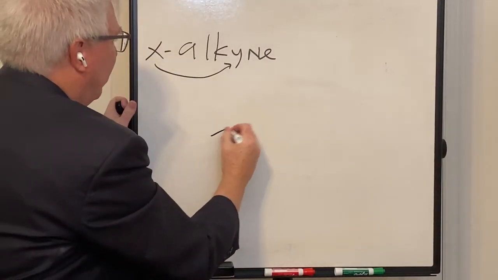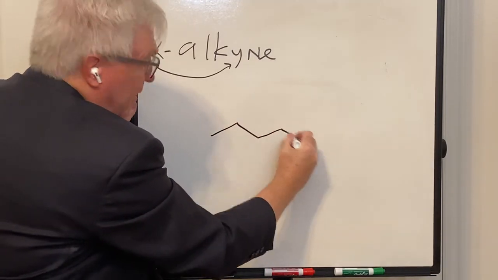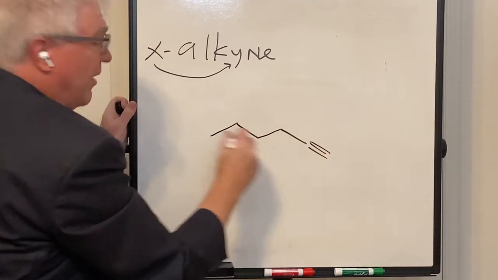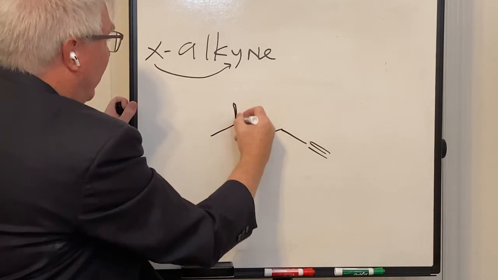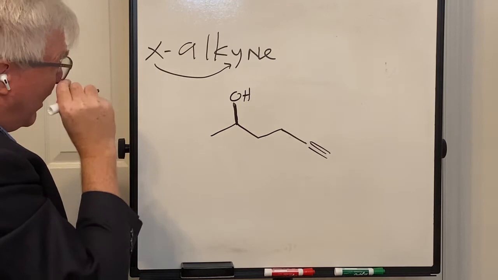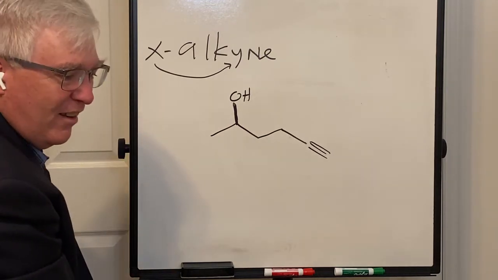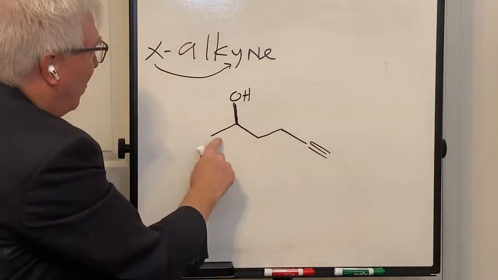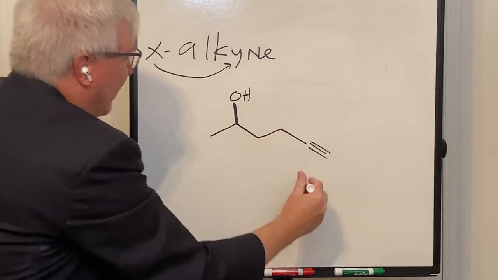How about this one? So we've got an alkyne there. And now let's have a solid alcohol. So this is an alkynol product. And which one is it? 1, 2, 3, 4, 5, 6.